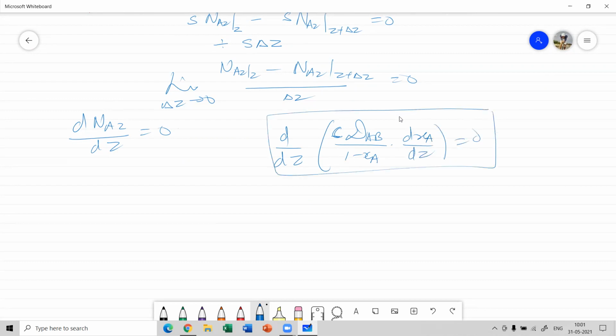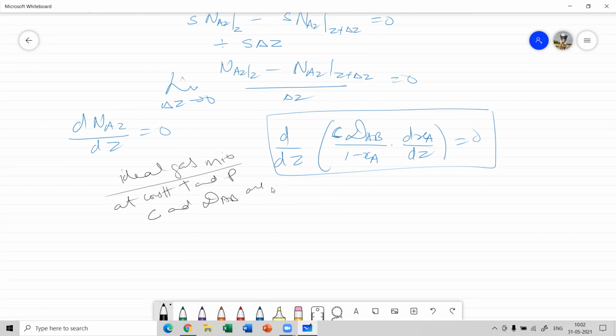So we have this. Now, if we assume that the mixture appears to be an ideal gas mixture, at constant temperature and pressure, C and D_AB are almost constants and independent of each other. So therefore, they can be taken out.